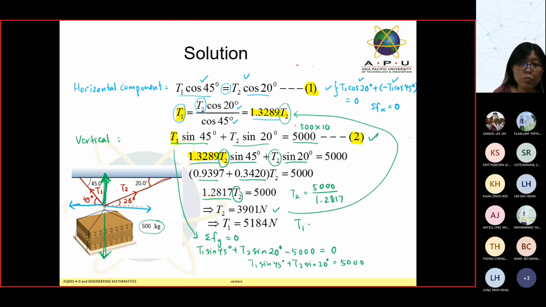So that means T1 equals 1.3289 times 3901, which is 5184 Newton. Okay, 5184 Newton for T1. So this is the answer. Is that okay so far?